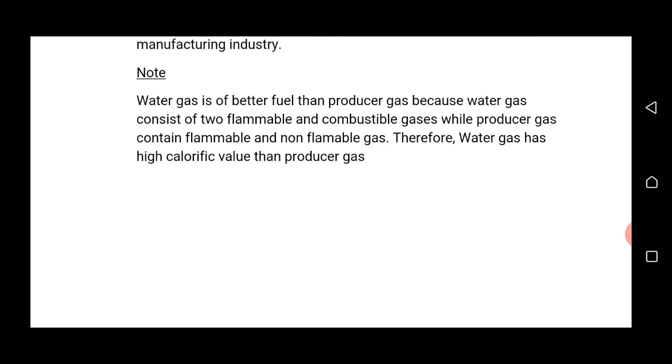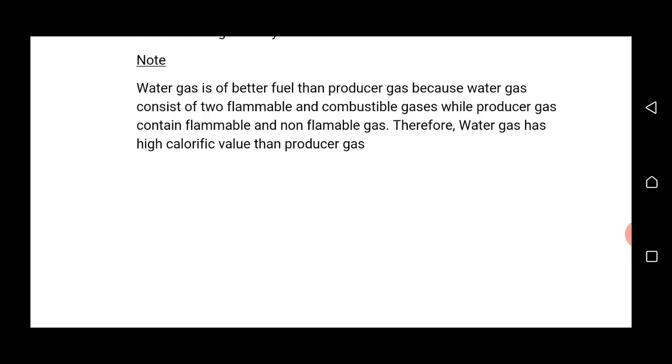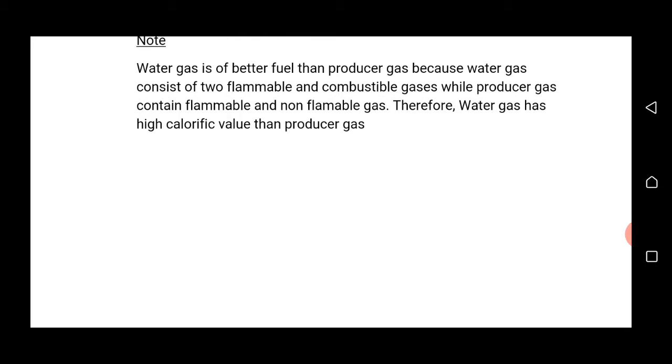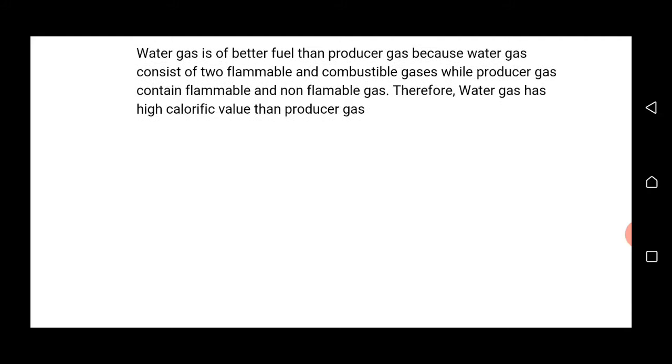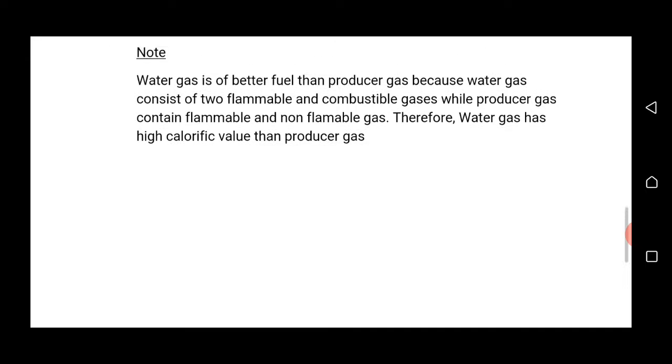I want you to take note here. Water gas is a better fuel than producer gas because water gas consists of two flammable and combustible gases, while producer gas contains flammable and non-flammable gas. Therefore, water gas has higher calorific value than producer gas.